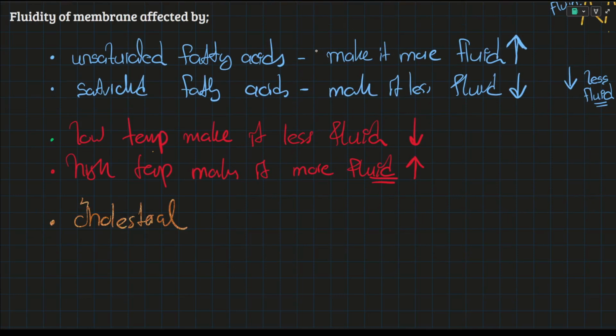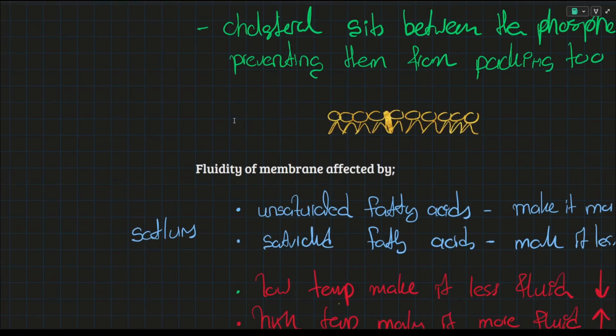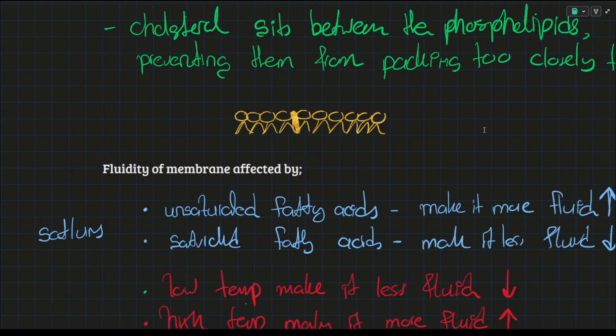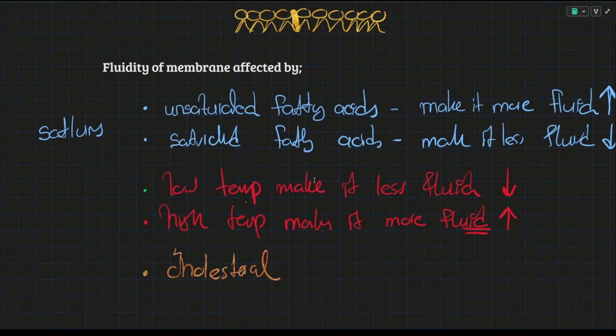Okay, the first factor that we had to talk about was saturation, unsaturation. Remember, these are factors affecting the fluidity of the membrane. You will have MCQ questions talking about the specifics of these fluidity dependent factors, for example, saturation, unsaturation, temperature, presence or absence of cholesterol.